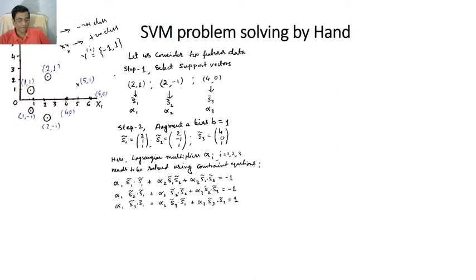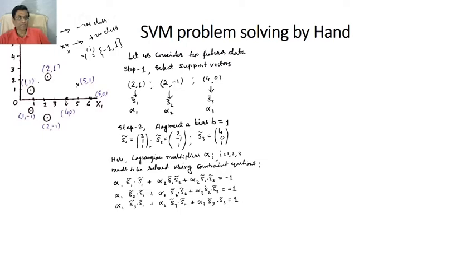So the first step, we have to actually see who are the support vectors. For the time being, let us assume that visually we can select them. Support vectors are those samples which stay at the boundary, where the gutter will be built. So one such sample I see here, 2, 1, another such sample, 2, minus 1. This is an extremely simple example.